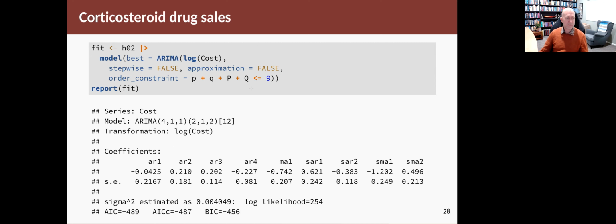No approximations, and look for quite big models. So I'm setting p plus little q plus capital P plus capital Q less than or equal to 9. So we can fit some quite large models. And it's come back with this model, which has got 9 parameters. So it's at the edge of the parameter space. And the AICc statistic is slightly better than the other automatically selected one.